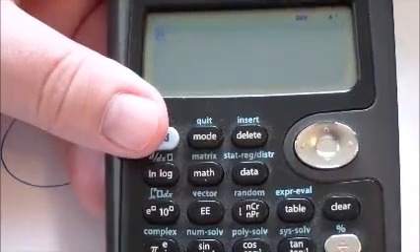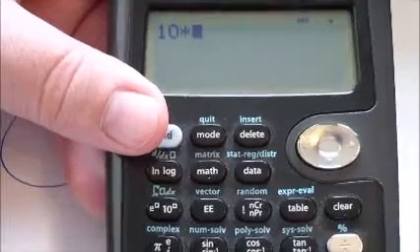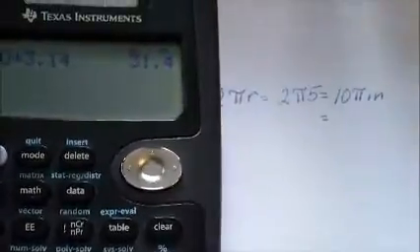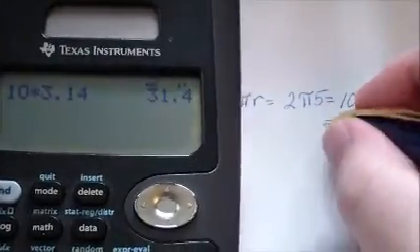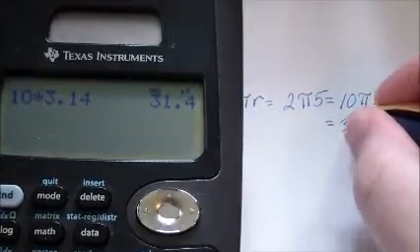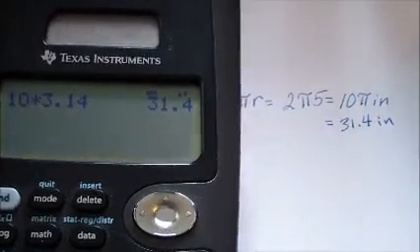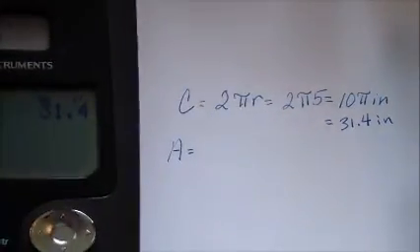Well, let's say 10 times 3.14, and that would just be 31.4 and a little something else, but we just need that much. Okay.